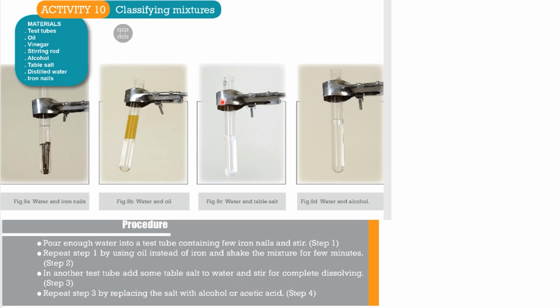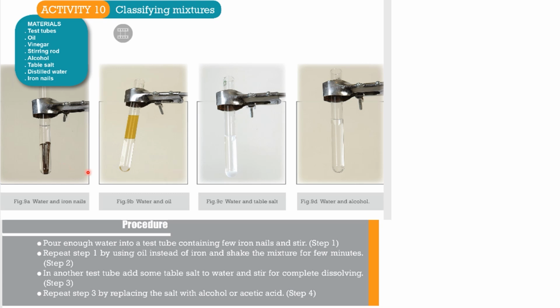In this step, we dissolve salt in water. We stir it very well to have a complete dissolving. Repeat step 3 by replacing the salt with alcohol or acetic acid. In this step, we fill a test tube with water and we add alcohol and stir very well.